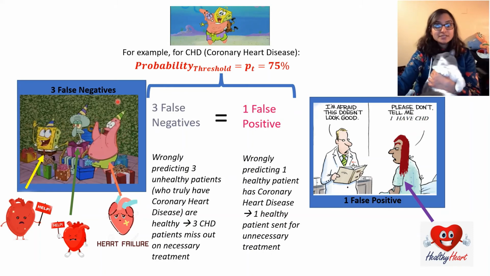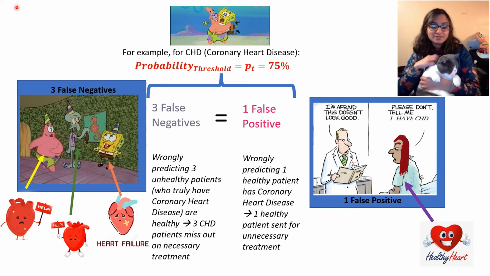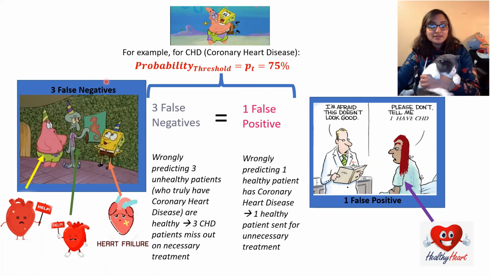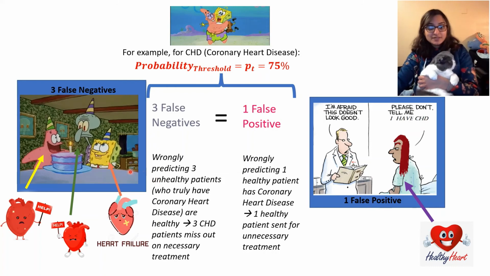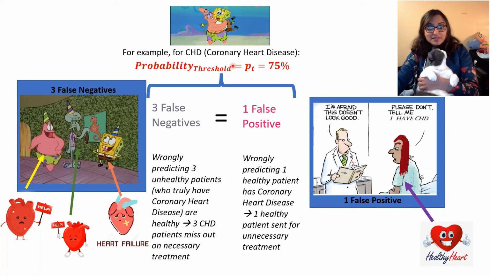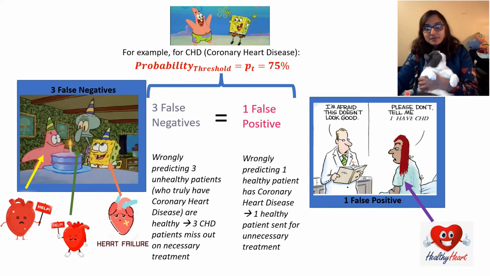Heart disease could spread to a very severe stage by the time they detect it. So wrongly predicting that these 3 unhealthy patients are healthy, they're missing out on the treatment that they need.